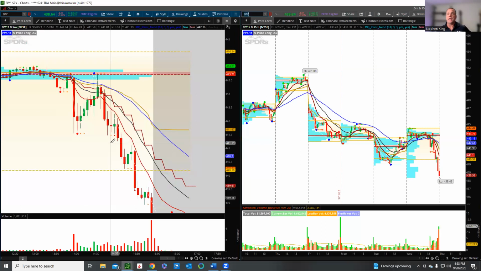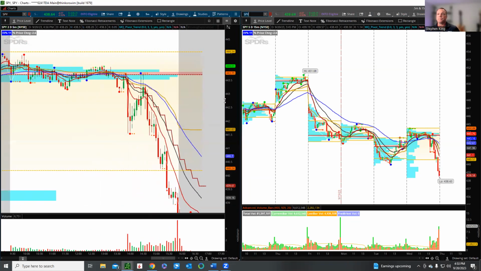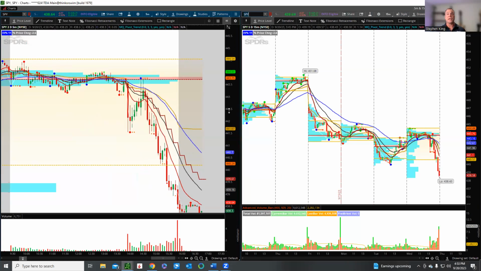Yeah, so it's okay. What I'm looking for in the other examples was a shooting star at the top of a move, right? So this was not the top of the move, right? In those other examples, the shooting star occurred at the very top, right?